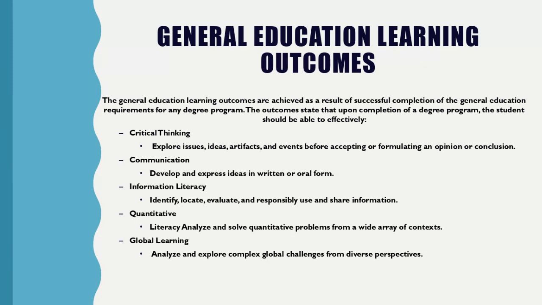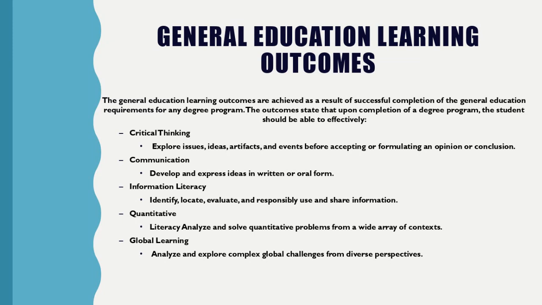The next category is quantitative literacy, which is the ability to analyze and solve quantitative problems from a wide array of contexts. Okay, and this one will be evaluated in 2023.